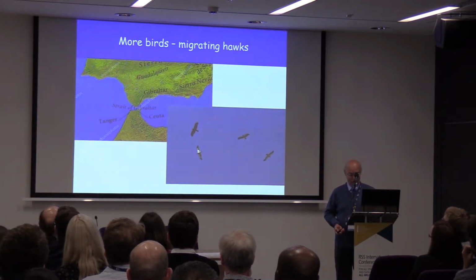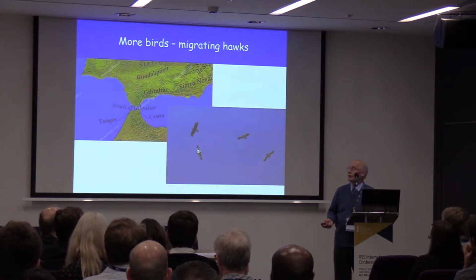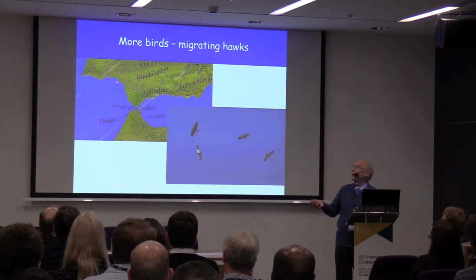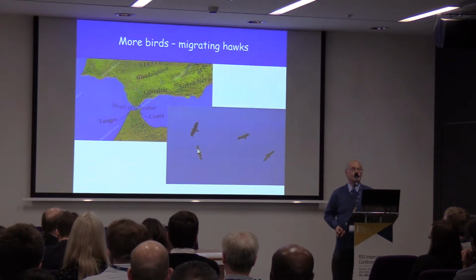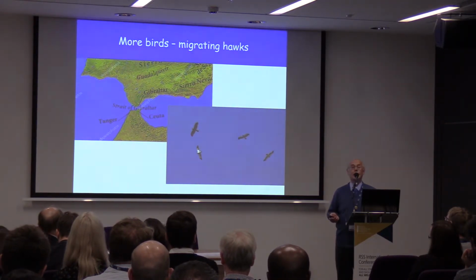Next example is more migrating birds. These are birds that you would see if you went to the south of Spain in autumn. Lots of birds accumulate through Spain, and when the winds are favourable, they cross from Spain into Africa. Now, if you just want to see the spectacle, you'd like to know which wind directions give you the best chances of seeing large numbers of birds.